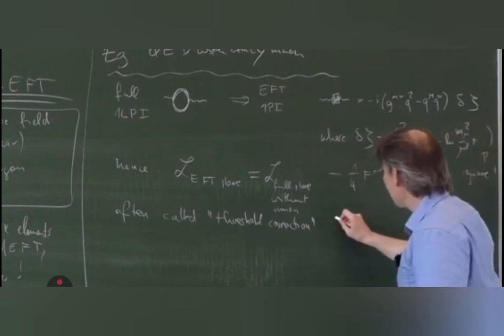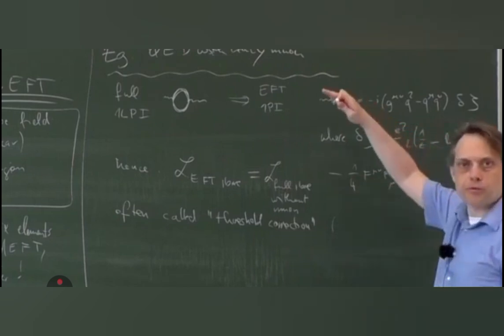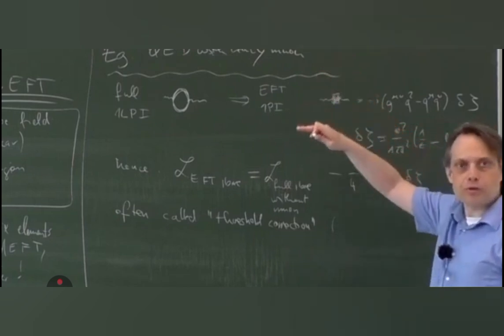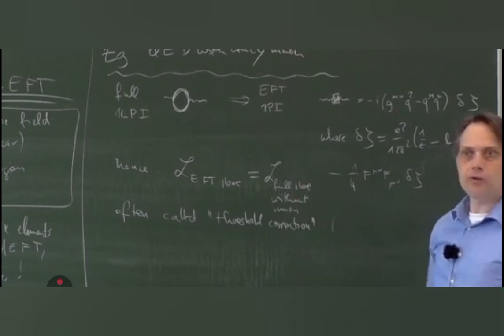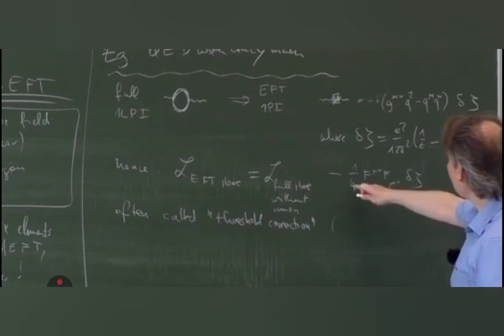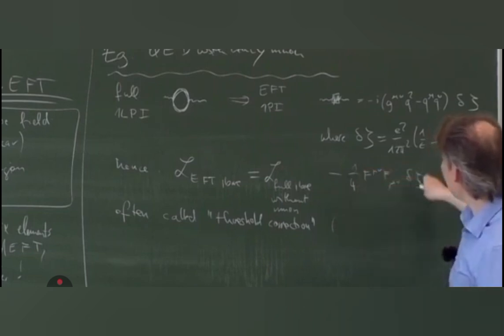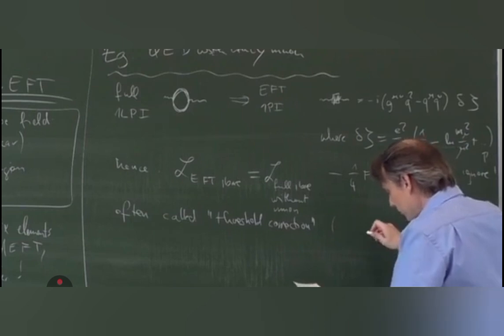That is why we call it threshold correction. So there is a muon threshold, we go down with the energy, down, down, down, and then suddenly we are below the muon. We integrate out the muon, so we have passed below a threshold, and below the threshold we get this additional coefficient in front of a term which already exists.